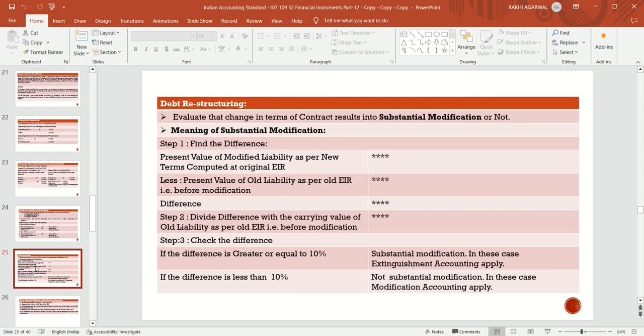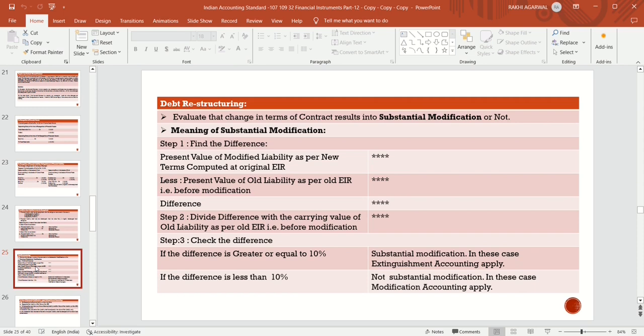The standard guides us. In case of restructuring, if a change takes place in the contract, how do we say that it is substantially modified? We have to check some process. If the process is as per the standard, then it will be treated as substantially modified.